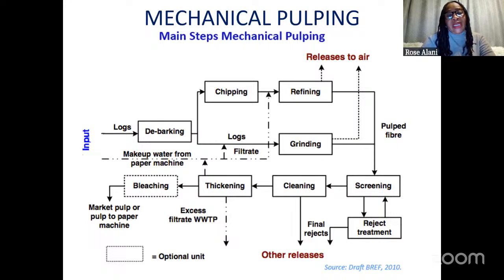In mechanical pulp bleaching, the lignin is still there. Then you move the bleached pulp to market pulp, for those that want to just buy pulp and make paper, or you move it to the paper making mill. These are the steps in mechanical pulping.